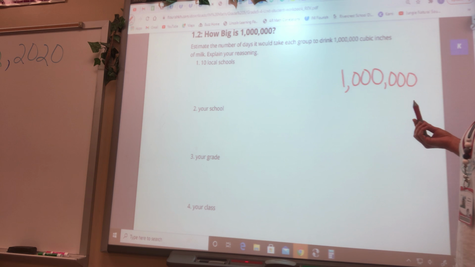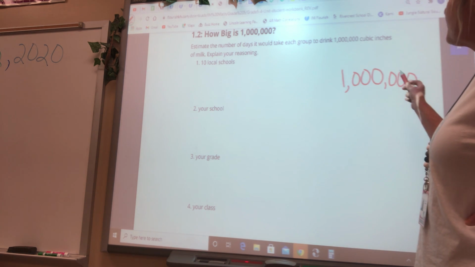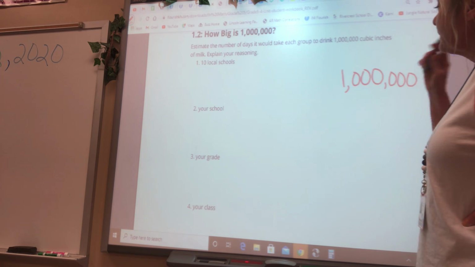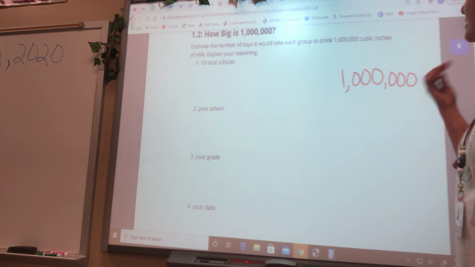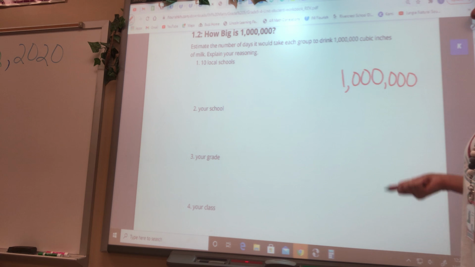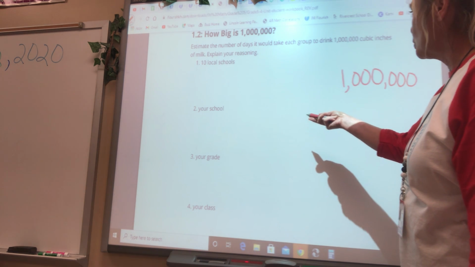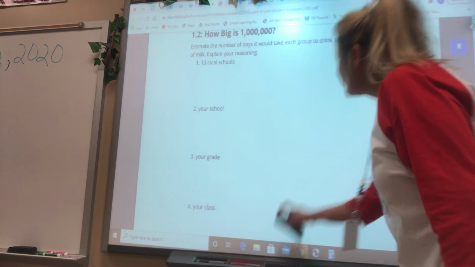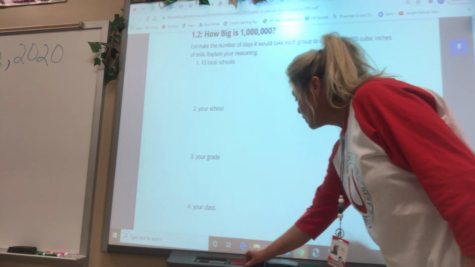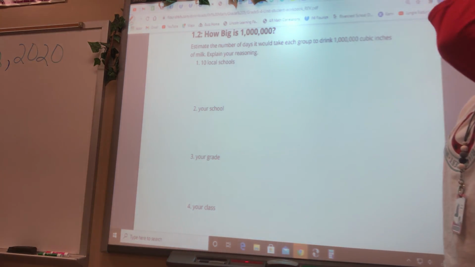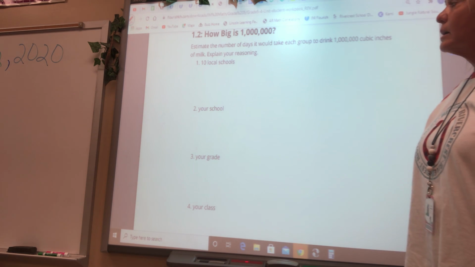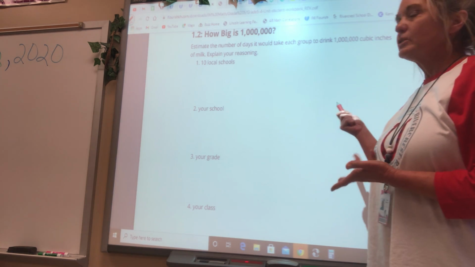It said that each school could drink 100,000. So if I had 1 million, each school can drink about 100,000 per day, and I'm looking at 10 schools. So if each school can drink about 100,000 per day, how much would be for 10 schools?